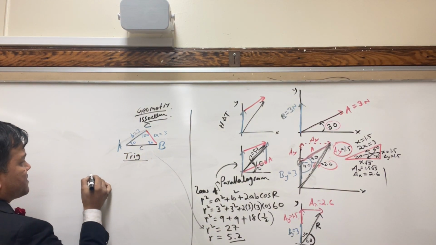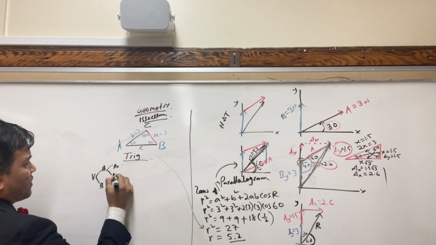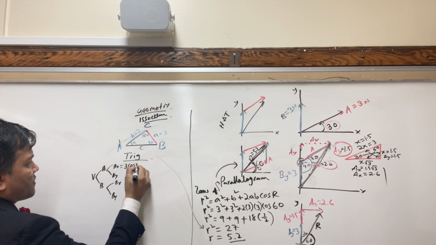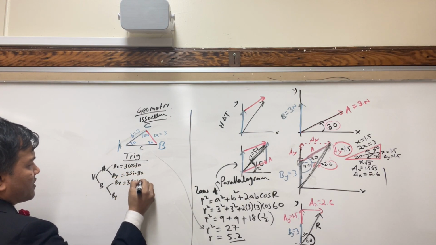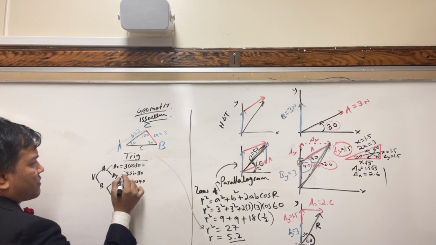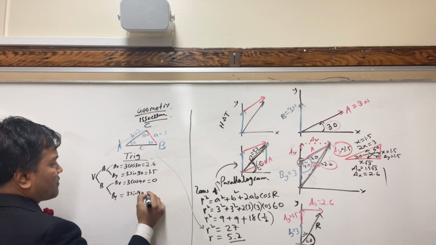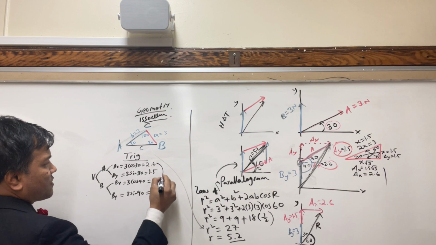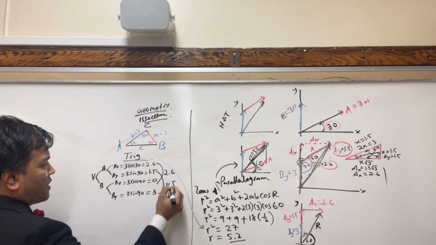So trigonometry is easy. So vector A, vector B, Ax, Ay, Bx, By: 3 cosine 30, 3 sine 30, 3 cosine 90, 3 sine 90. 3 cosine 30 would be 2.6, this is 1.5, this is 0, this is of course 3. 2.6 plus 0 is 2.6, 1.5 plus 3 is 4.5.